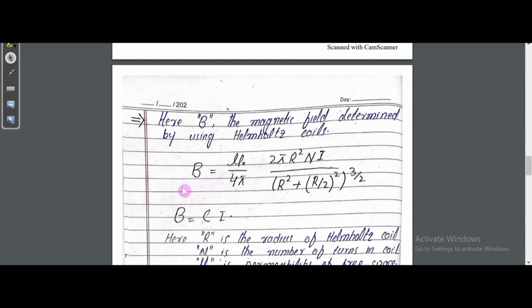In order to find the magnetic field with that formula, we will use these parameters, and no parameter has been left. So this B is also determined in this way.